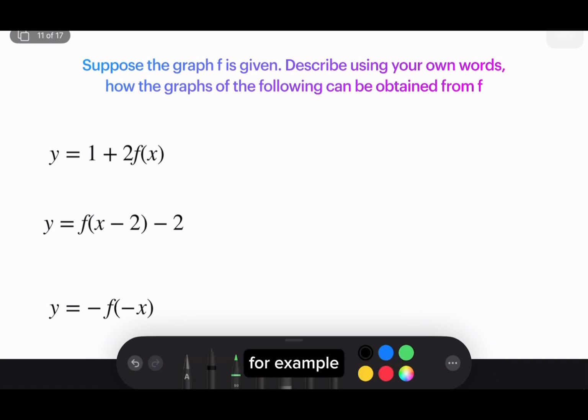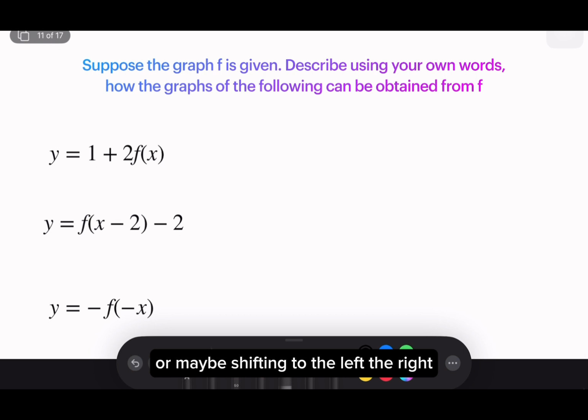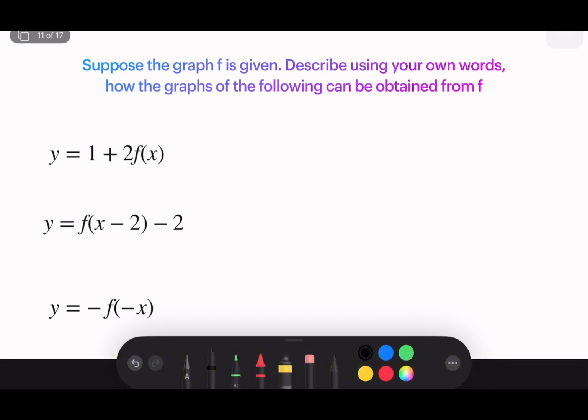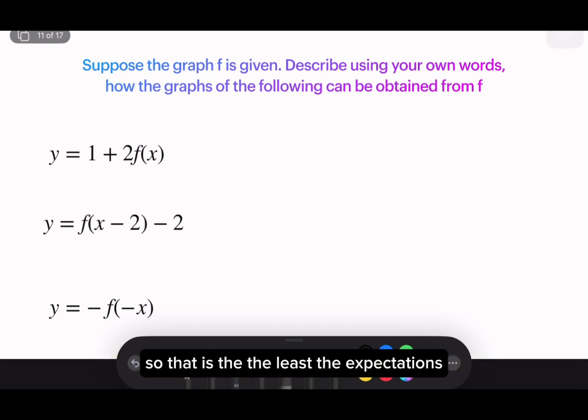For example, whether you want to move f by shifting upwards some units, 1, 2, 3, or shifting downwards, to the left, to the right, or shrinking horizontally or vertically. So that is the expectation. You need to describe in words how it would happen.